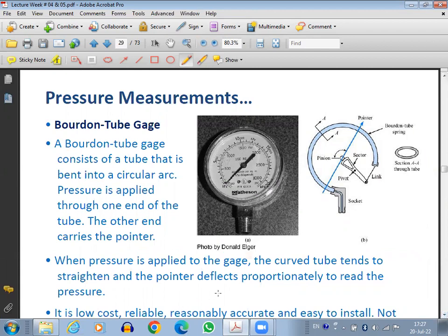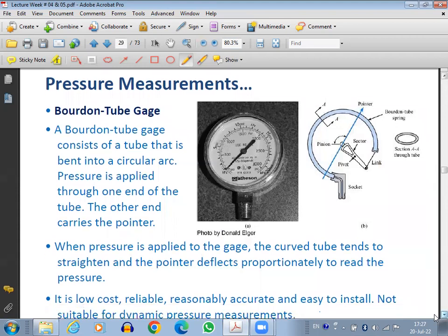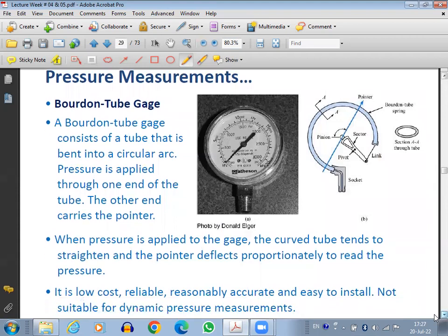One is the Bourdon tube gauge. Within the Bourdon tube, what happens is that we have a curved tube, and this curved tube is filled with gas. Now, when I connect this curved tube with any other gas having a certain pressure, it's going to pressurize the curved tube and try to reduce the curvature. Okay, so it is naturally curved, but when you pressurize it, it's trying to reduce the curvature.